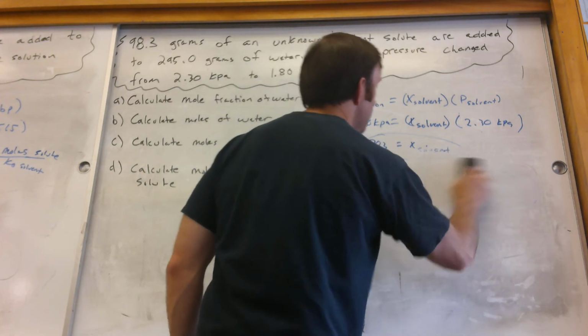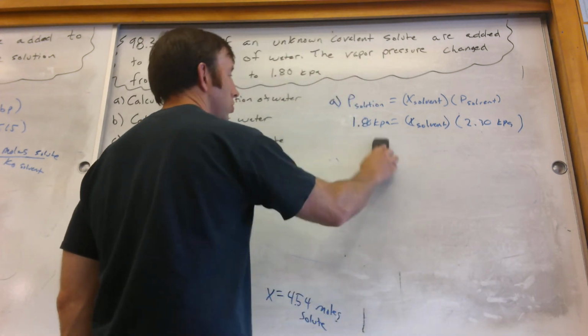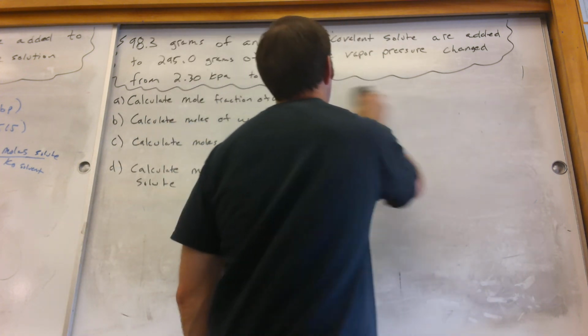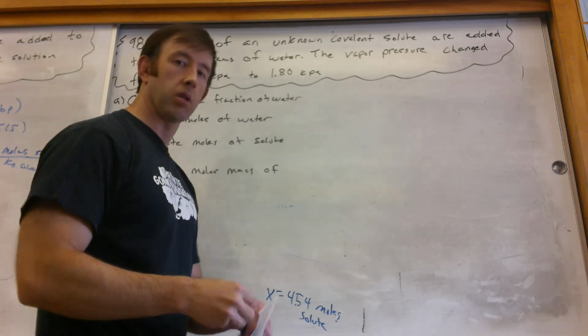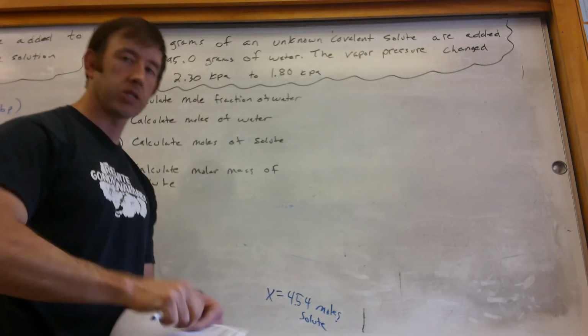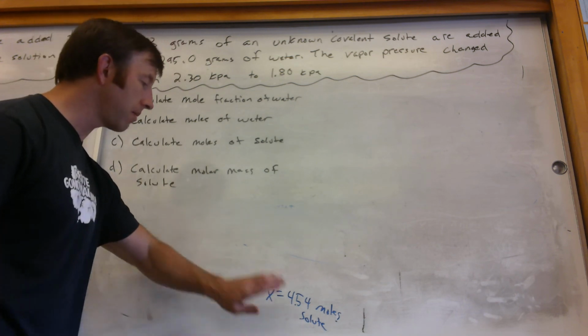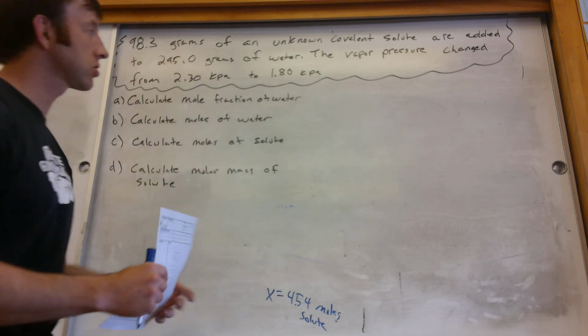And so mass, molar mass, moles. It's that equation, which again, you guys shouldn't have to think too hard about at this point in the game. This late in your chemistry career, that should be boom. Got it, got it, got it. So I want to find molar mass. I know my moles of solute. I know my mass of solute.